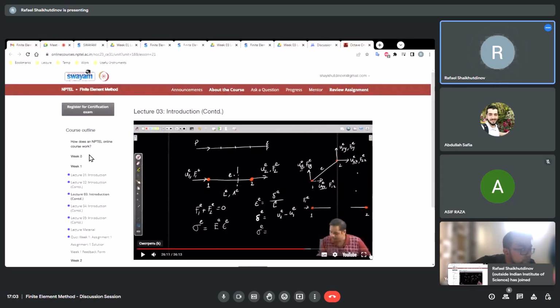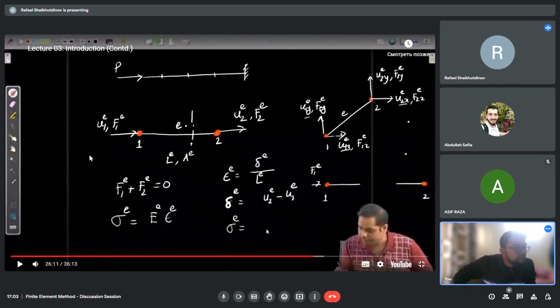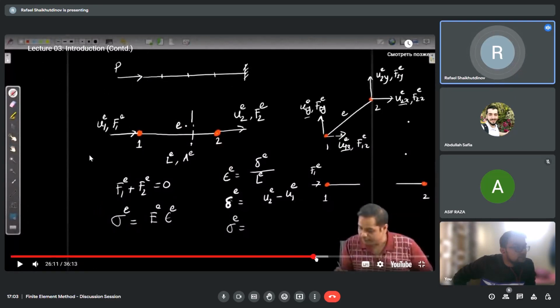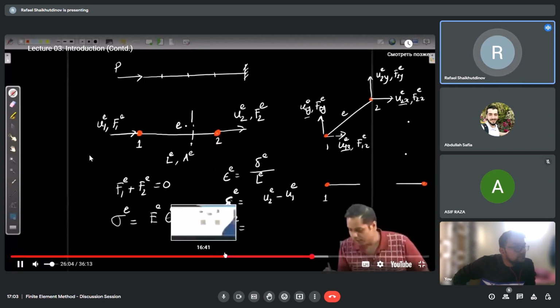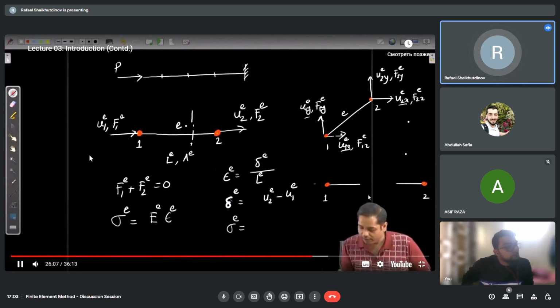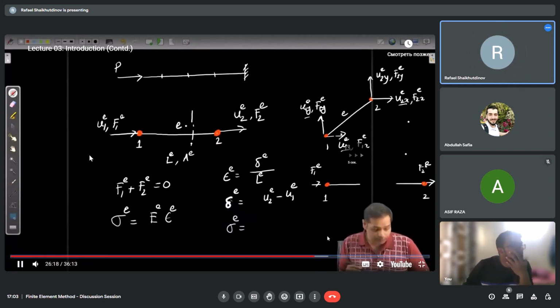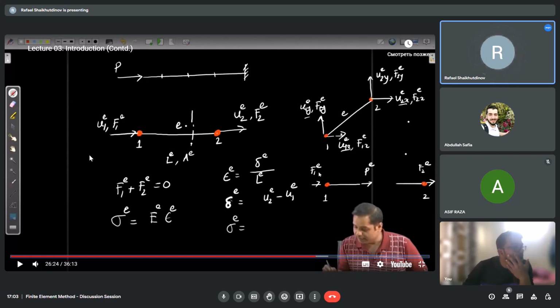Can you see? Yeah. Look, the professor looks inside the element and divides the element as we do in strength of material. This is the internal force, phi one for element one and phi two for element two.